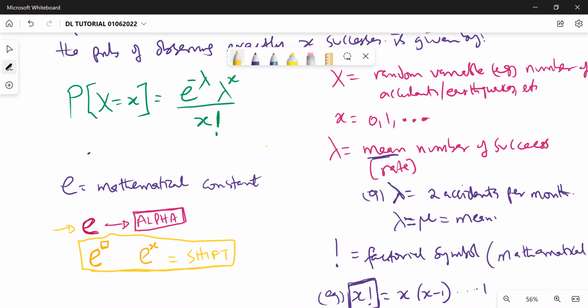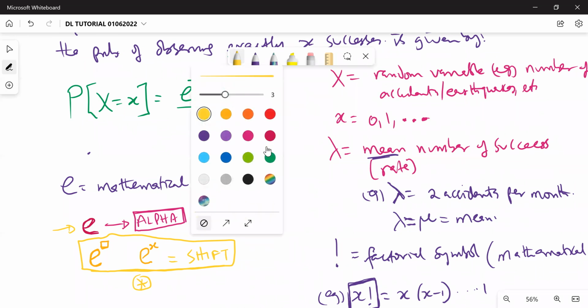And once you do that, you will get the value of E, which is 2.718281828.